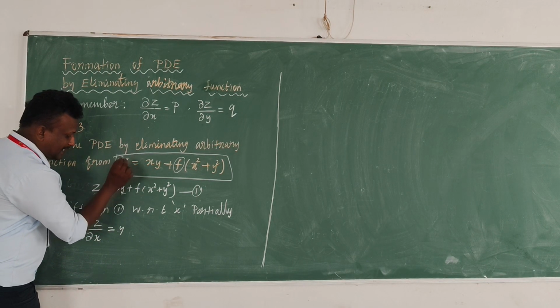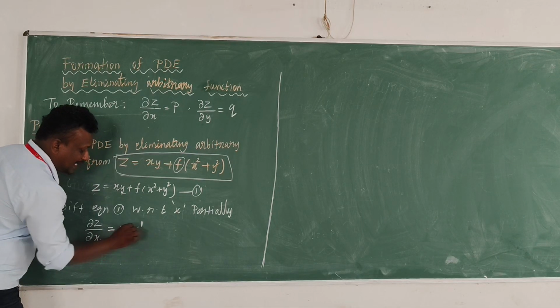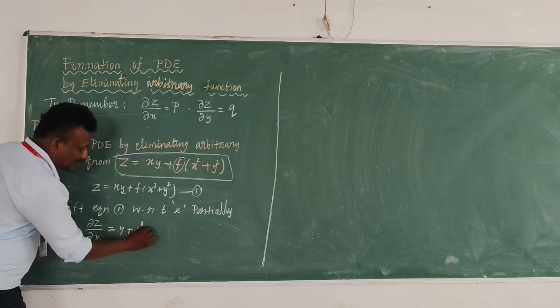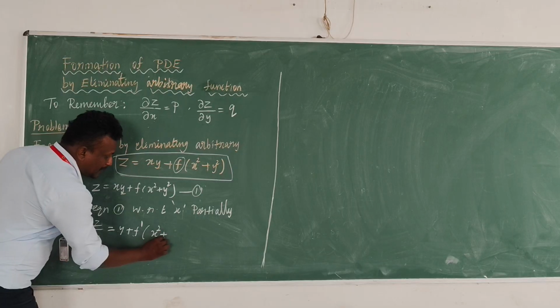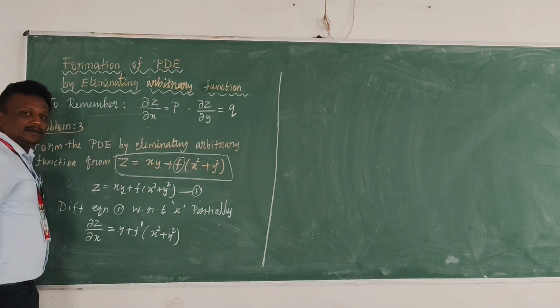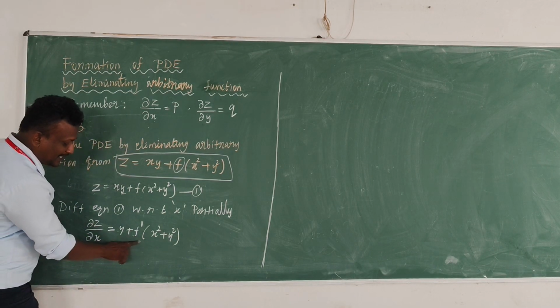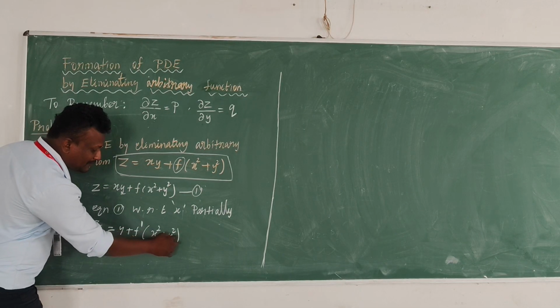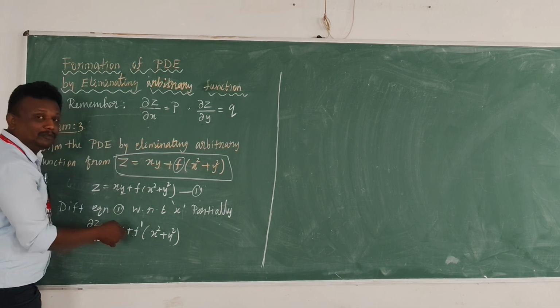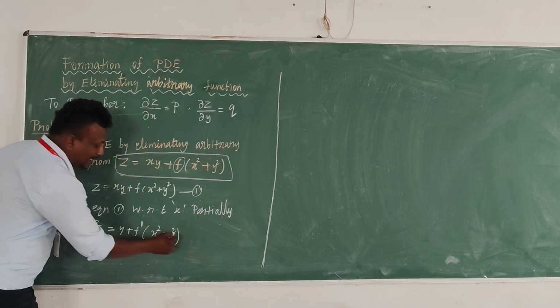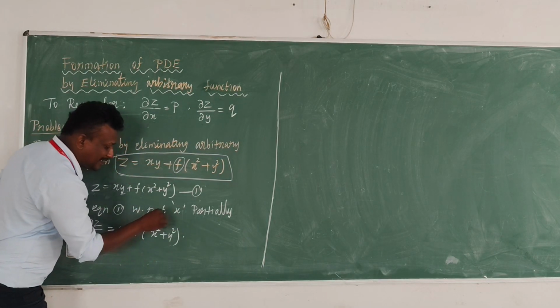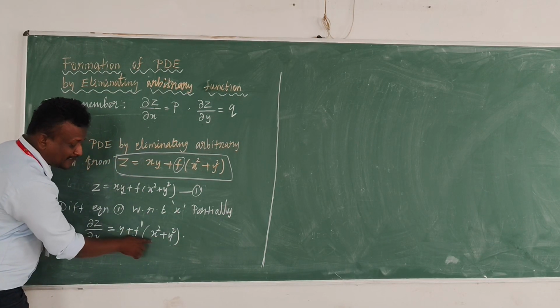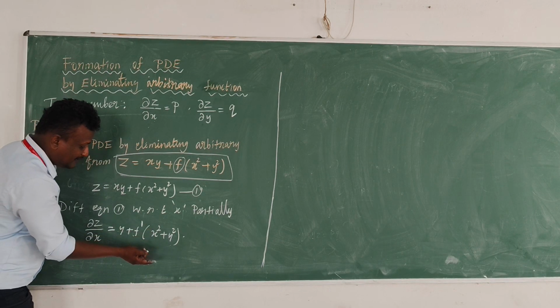The differentiation of f is f dash, of (x² + y²). After this, we have to differentiate inside the bracket also, using the chain rule.